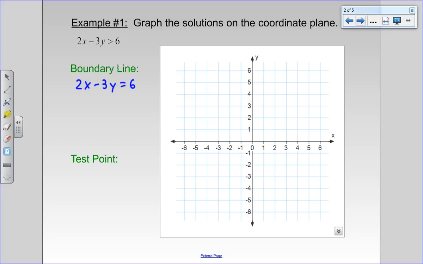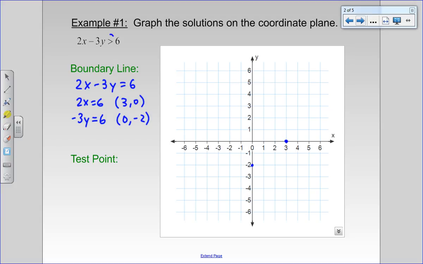If we first let y equal 0 in this equation, then we would have 2x equals 6. So the x-intercept is the point 3, 0. We can plot that point on our coordinate plane. On the other hand, if we let x equal 0, then we have the equation -3y equals 6, which means the y-intercept is the point 0, -2. We can plot that point on our coordinate plane as well.